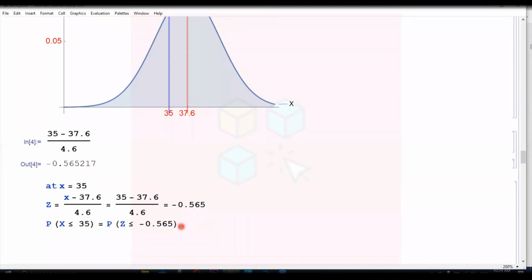So now using the table of capital Phi, we can easily understand that whenever there is less than sign with z, we can write it with Phi. Phi of minus 0.565, and this value can be obtained from the table directly.